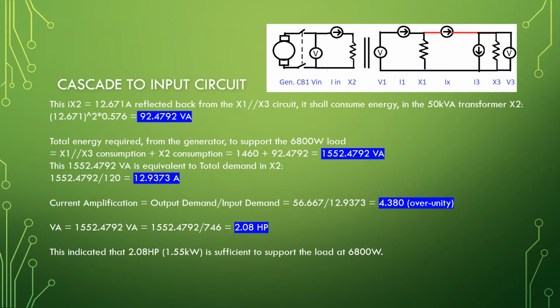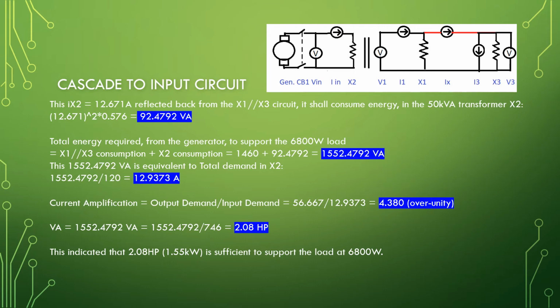It shall consume energy in the 50 kVA transformer X2. 12.671 square times 0.576 equal to 92.4792 VA.